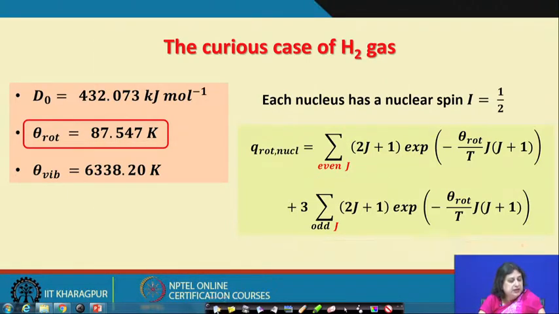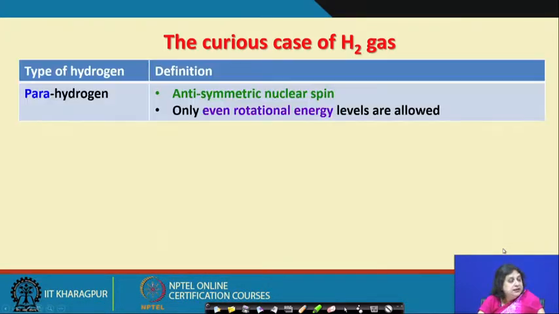Now, what is the consequence? People actually were aware of this difference in the underlying molecular structure for a long time, even before the emergence of quantum mechanics. The chemists in particular were aware of two types of hydrogen molecule.